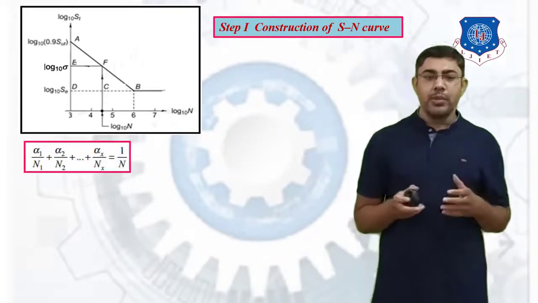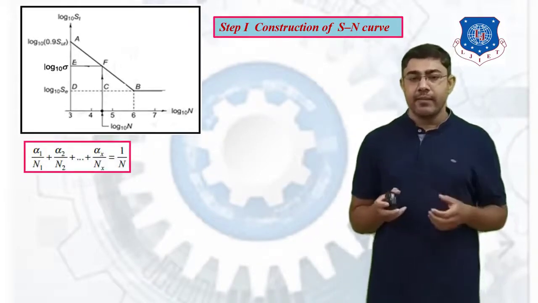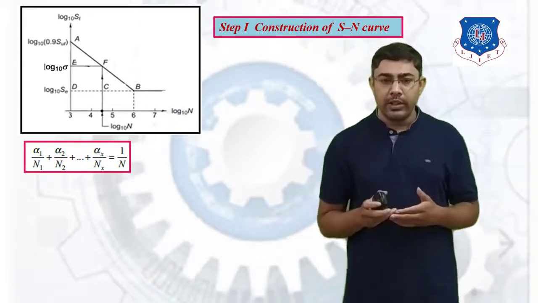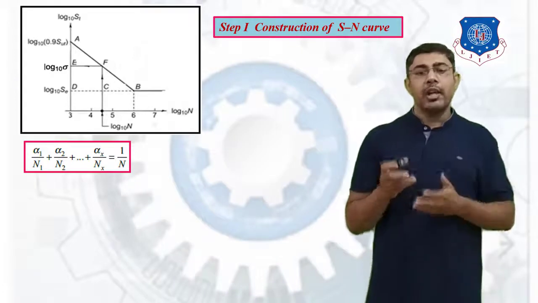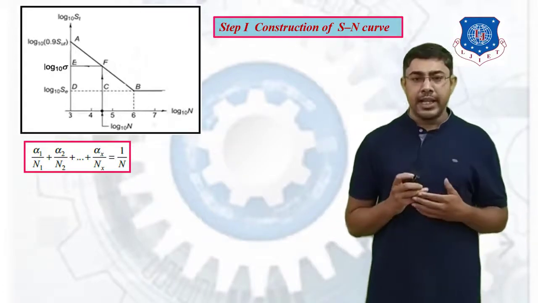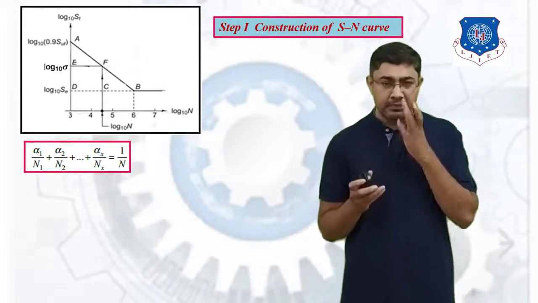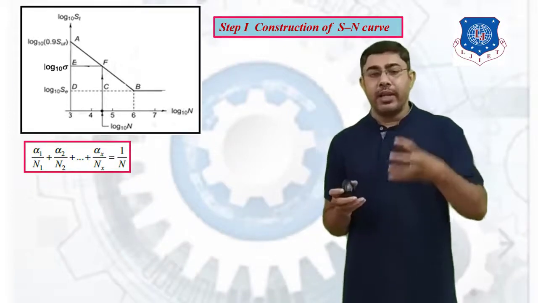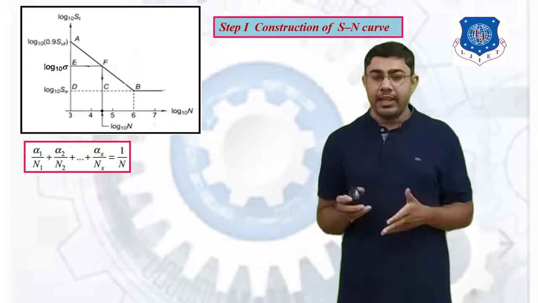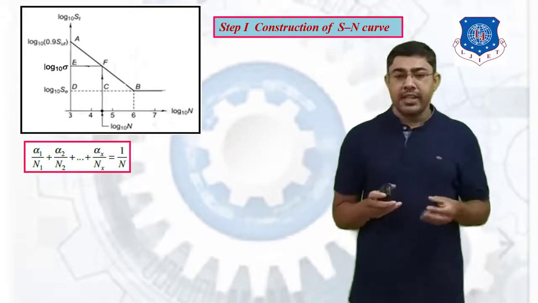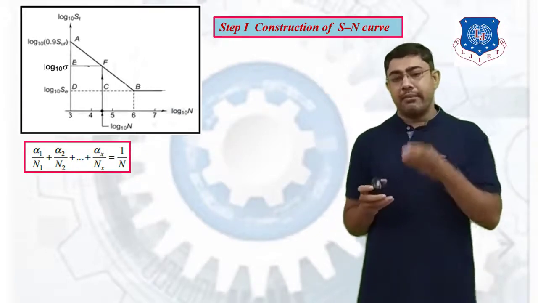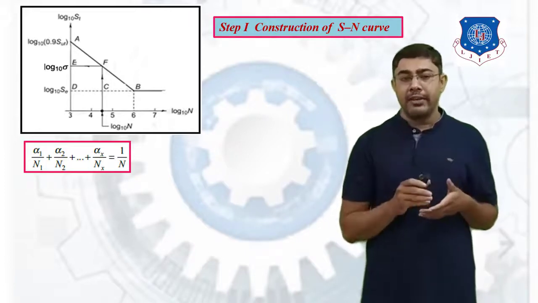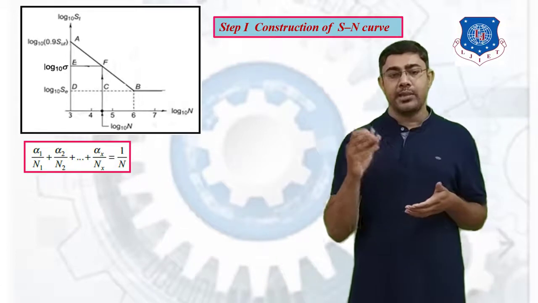So we have to use Miner's equation: alpha 1 upon capital N1 plus alpha 2 upon capital N2, and so on up to alpha x upon capital Nx, is equal to 1 upon N. Our goal is to find the life of the component, that is capital N. To calculate capital N, we must know the values of alpha 1, N1, alpha 2, N2 and so on.